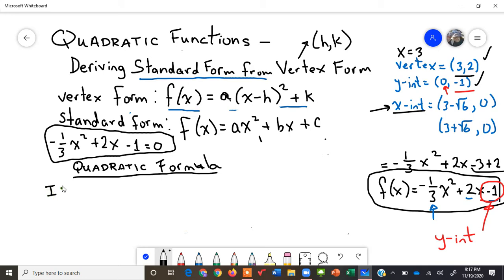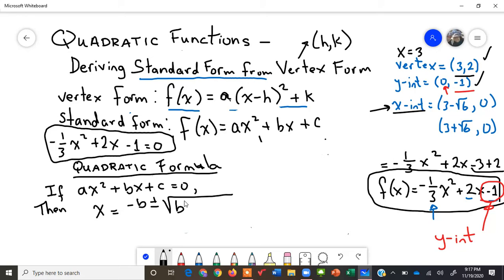And the quadratic formula says if ax squared plus bx plus c equals 0, then you can find x by computing negative b plus or minus the square root of b squared minus 4ac all over 2a. Now notice here, this has a common denominator of 2a and two separate terms in the numerator.